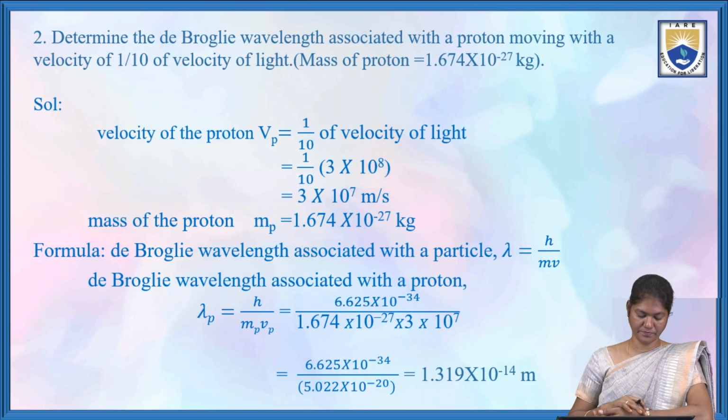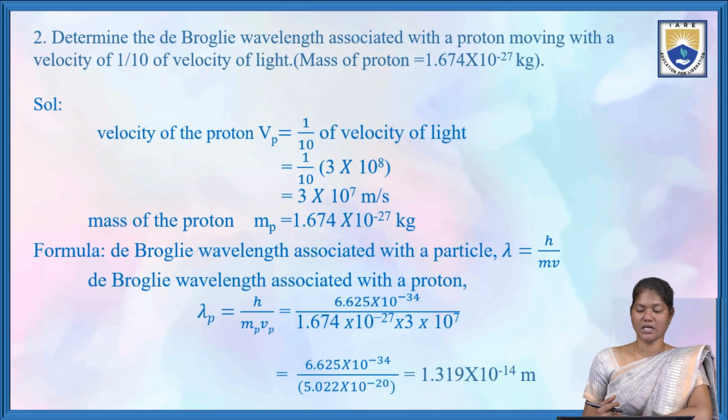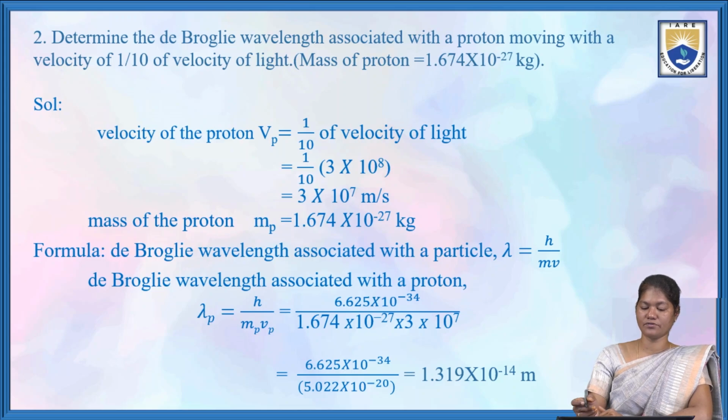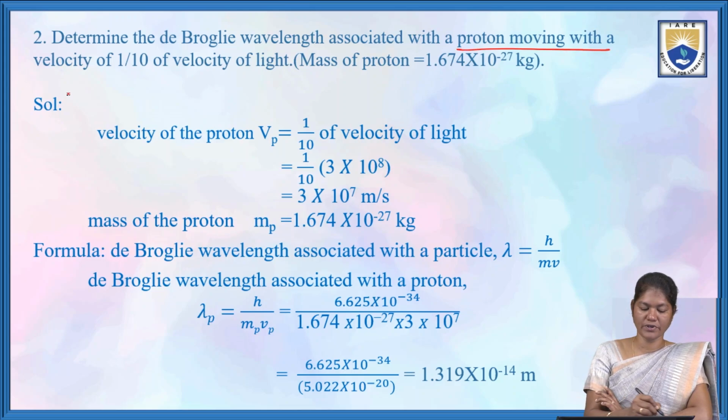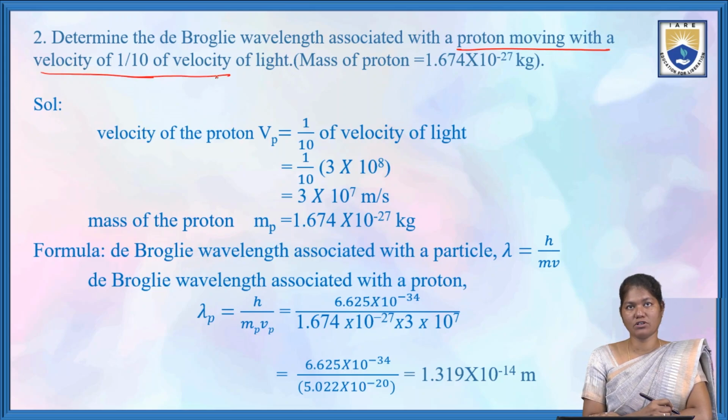Next problem. Determine the de Broglie wavelength associated with a proton moving with a velocity of 1 by 10 of the velocity of light. Mass of proton is 1.674 into 10 power minus 27. So the given data is the velocity of the proton. The proton is moving with a velocity which is 1 by 10 of the velocity of light.